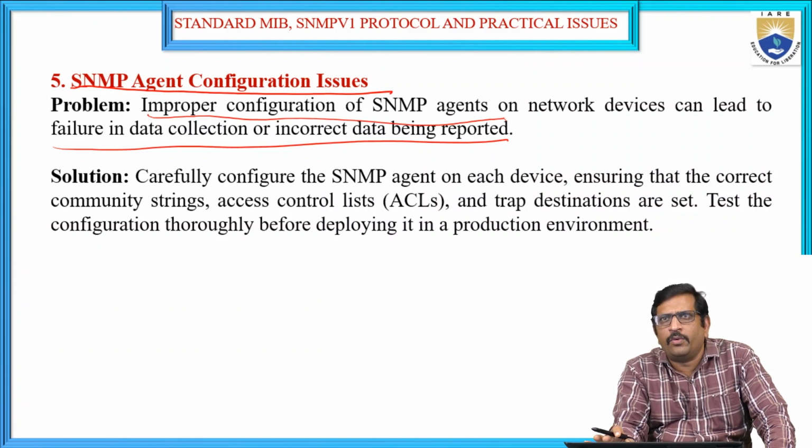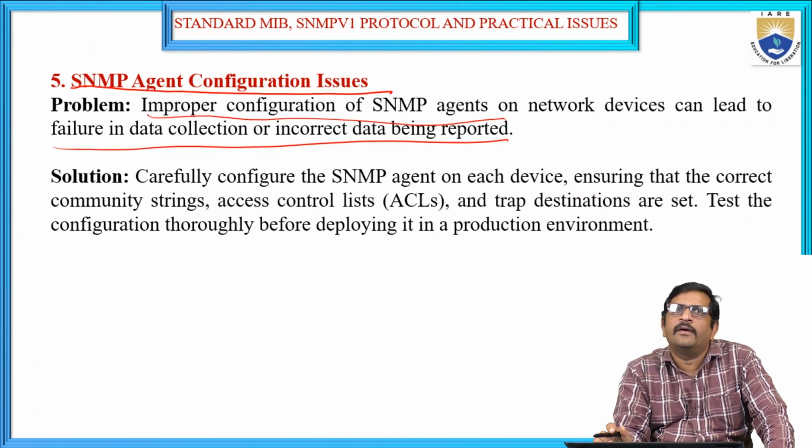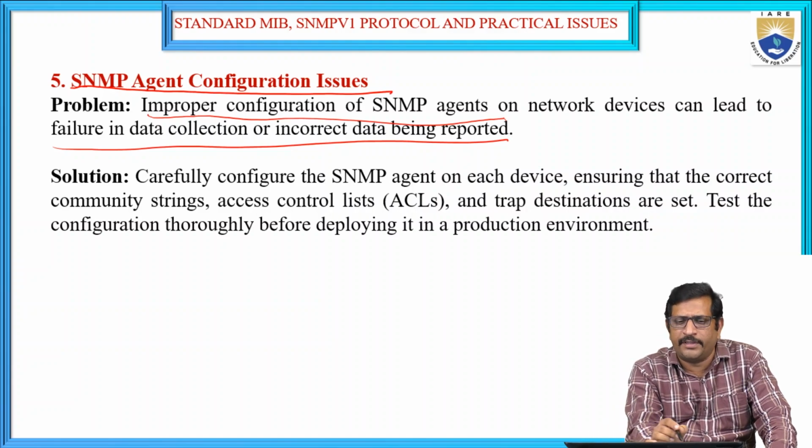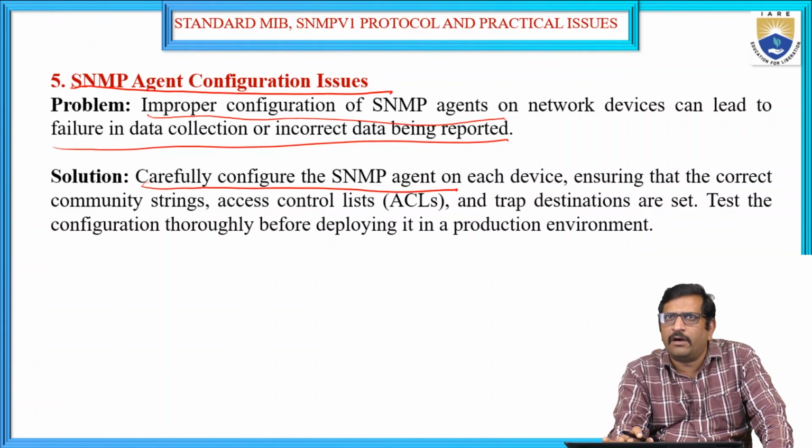We can't receive the proper data from the device. In client-server communication, the server can't receive the proper data with improper configuration of the SNMP protocol. The solution is to carefully configure the SNMP agent. The correct configuration is required on any client device or server.